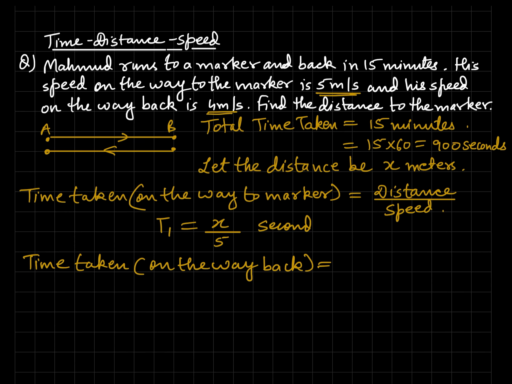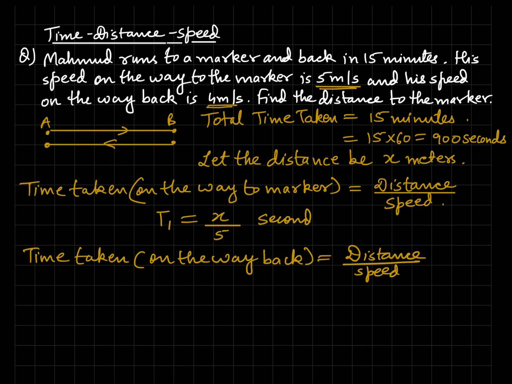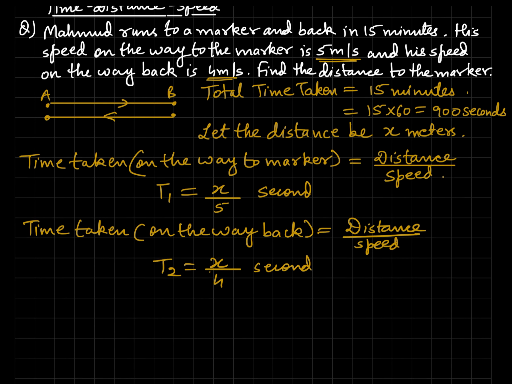So we say t2 is equal to distance, which is the same, x over the speed on the way back, which is now 4 meters per second. Must have been tired. And total time is given to be 15 minutes or 900 seconds. So now we can equate it. Simple.